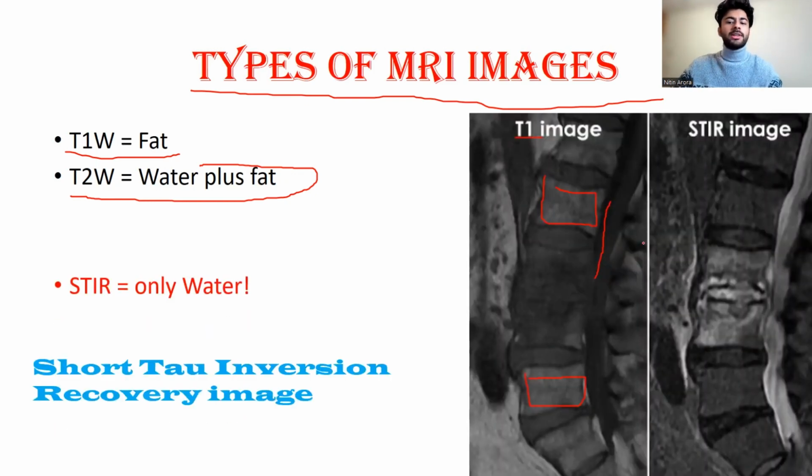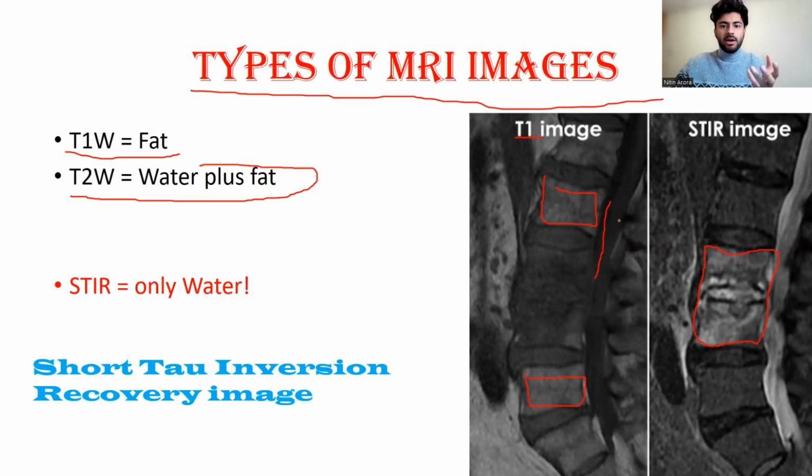So now you need a third type of image that specifically focuses on fat structures and takes out all the water content from that area. Now you need a third type of image that helps you differentiate between T1.